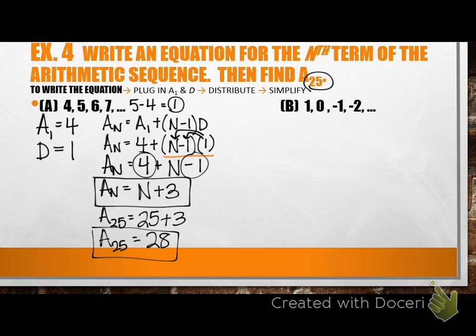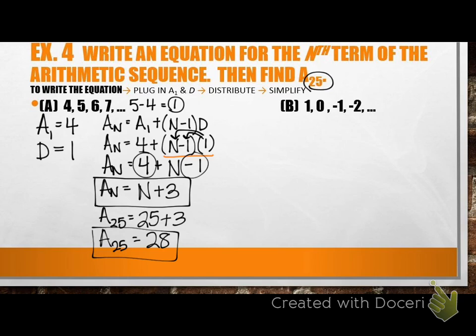But who has time to do that? So that's why we write the formula and then we plug in the value. Now, just for the sake of what if they had asked me to find the 10th term? Then what number would have gone in place of n? 10. And 10 plus 3 would have given me 13. Okay, good. So the more you see this, the more you're going to get it.